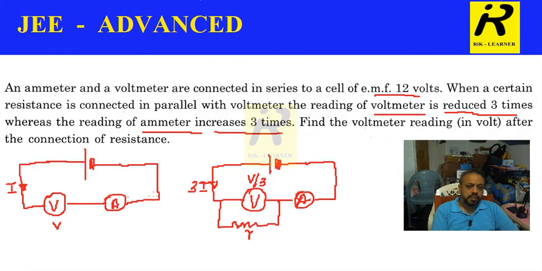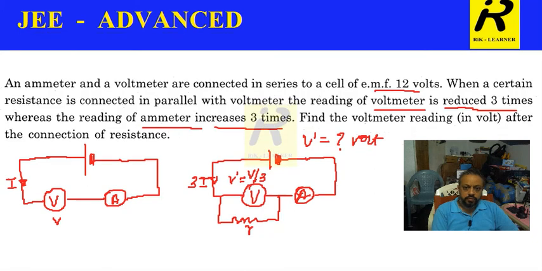Initially the current was I, and now it became 3I. I call this new voltmeter reading V by 3 as V dash. I have to find the value of this V dash later.